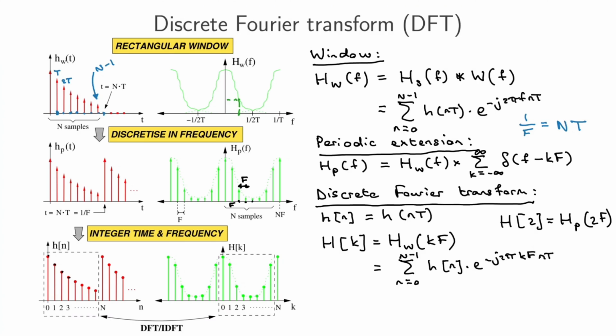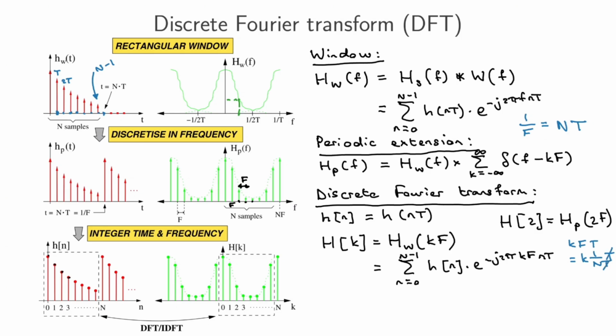Okay, we're almost there. The cool thing is, because we made this decision of where one F lands, this actually simplifies. So k times capital F times T is just, with some grade 1 mathematics, k times 1 over NT times T, and the T's cancel out.